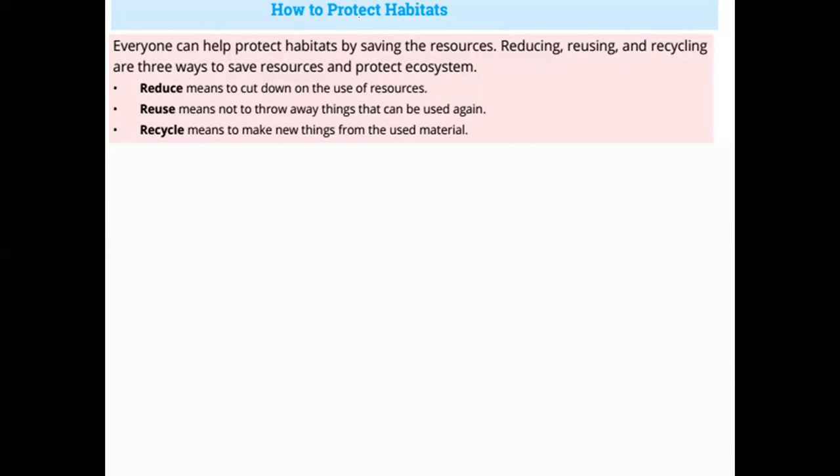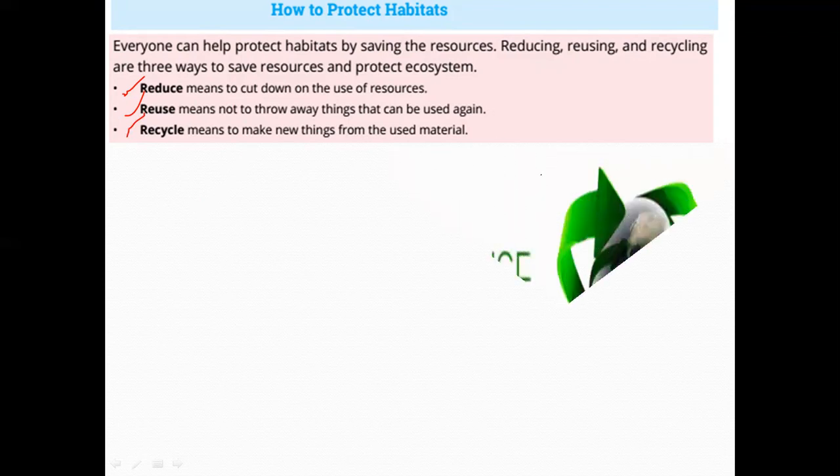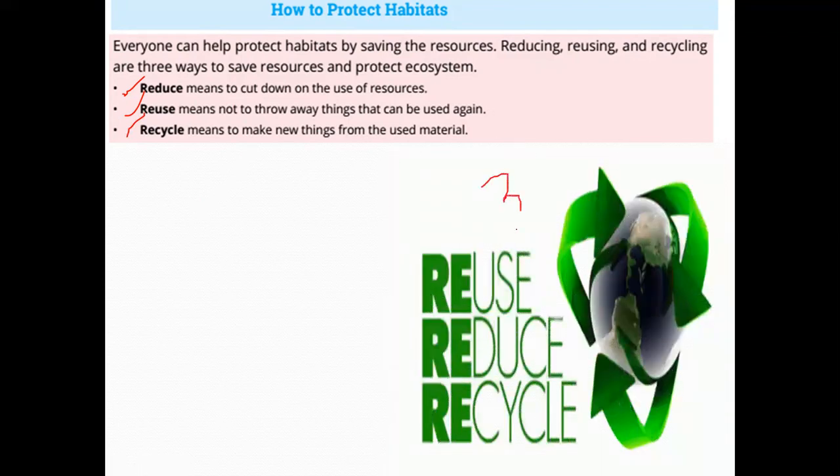So in the last, we will see how we can protect our environment or habitat. So there are 3 rules for that: reduce, reuse, and recycle. This is called the 3 R's rule.